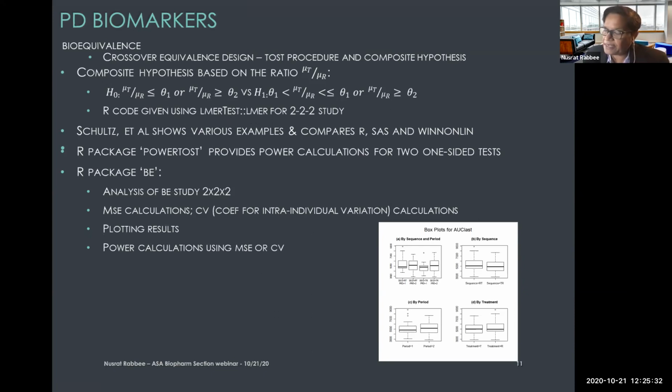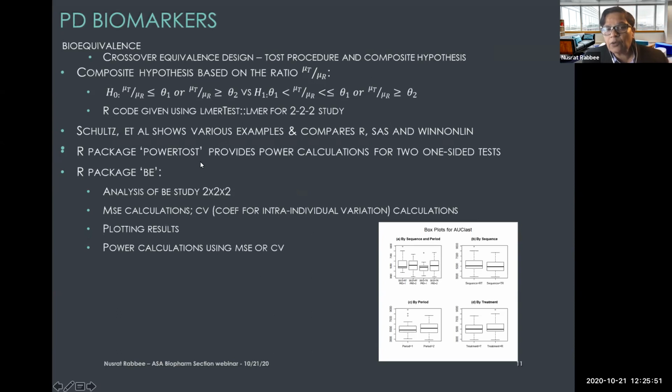And we have to compute the 90% confidence interval. Schuirmann et al., in a paper, show with various examples that R, SAS and WinNonlin produce very, very close, if not exact, output.